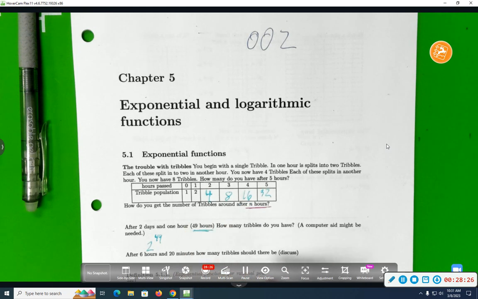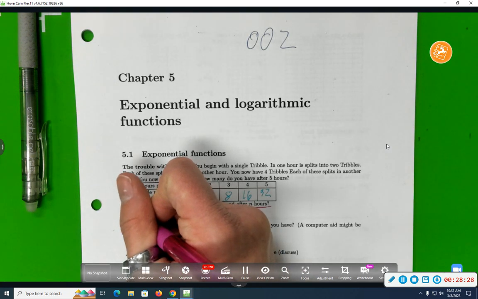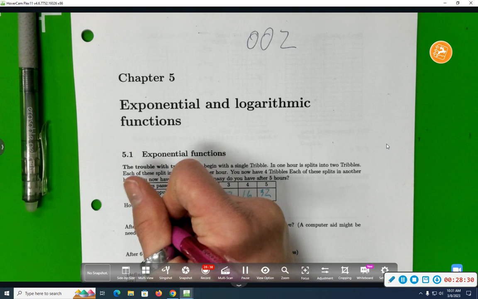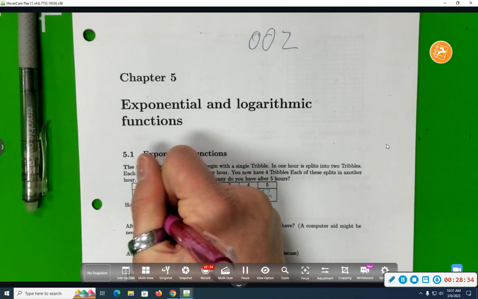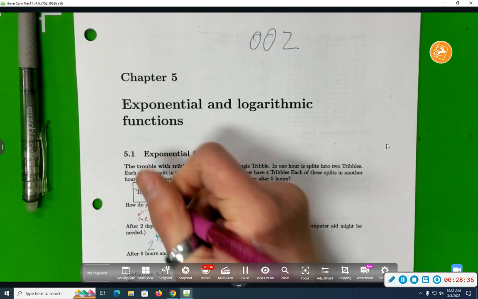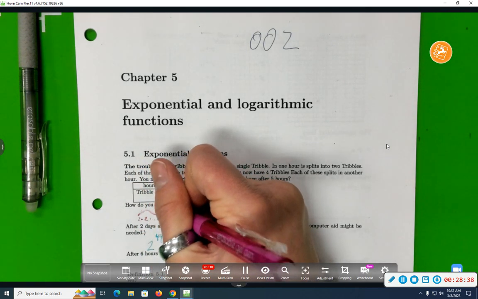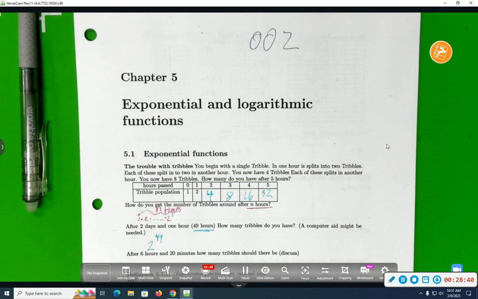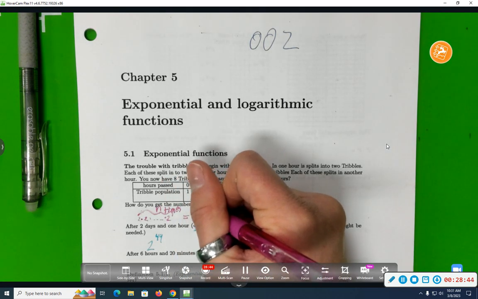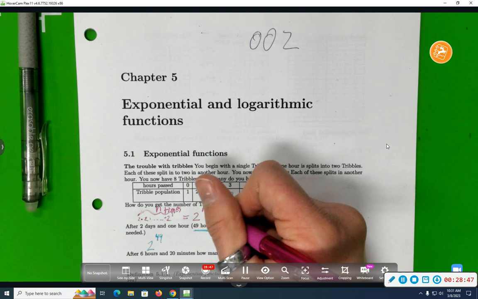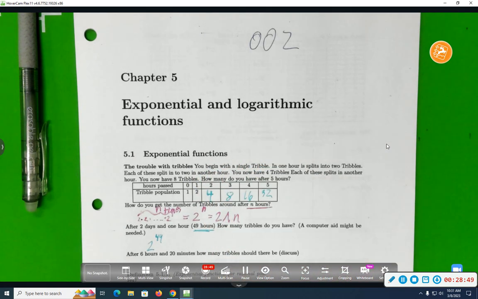To get the number of tribbles at n hours, you take 2 and multiply it by itself the correct number of times. The fancy notation for that is 2 to the power n, or if you're looking for how to type it into most calculators, 2 caret n.